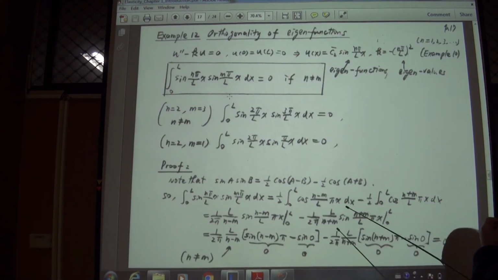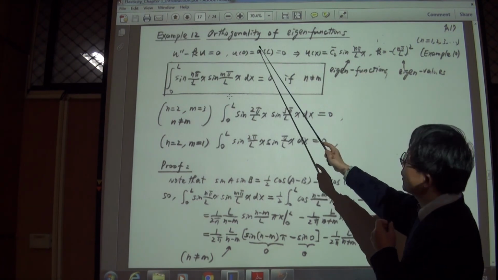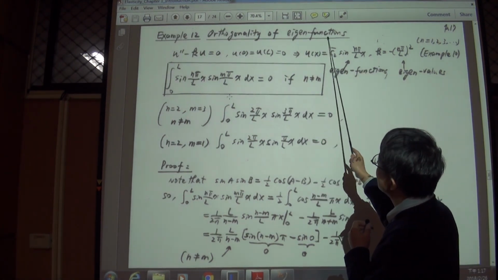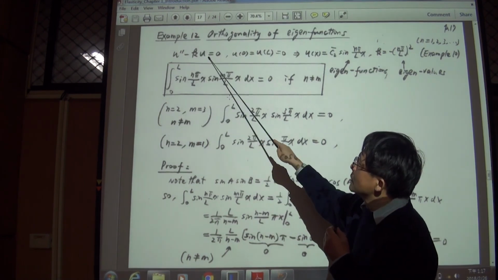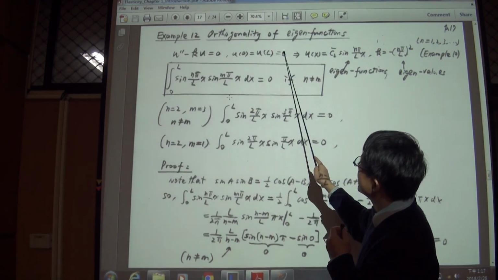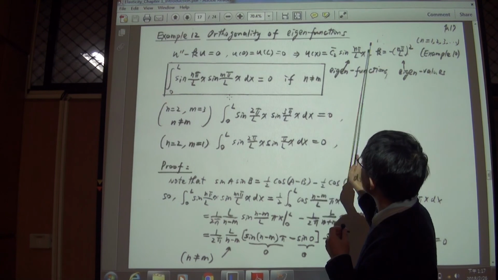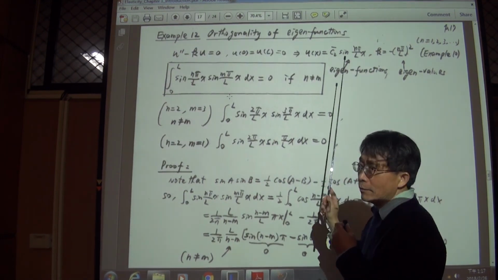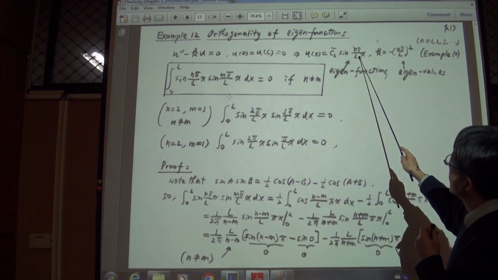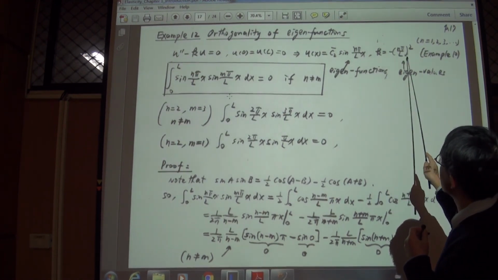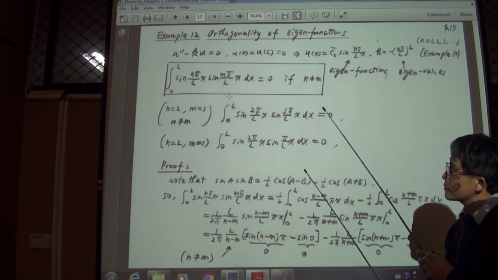Finally, in example 12, we talk about the orthogonality of eigenfunctions. In example 10, we have this equation and the boundary condition. Now the solution is like this, and this solution is called the eigenfunction, and this one is called the eigenvalues.